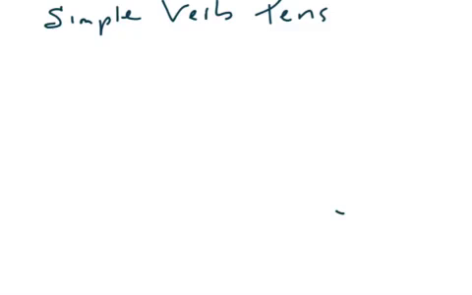Now we're going to look at simple verb tenses. Because we know what verb means. We know that's an action. A tense means when did the action take place? I think we have lost our writing ability.